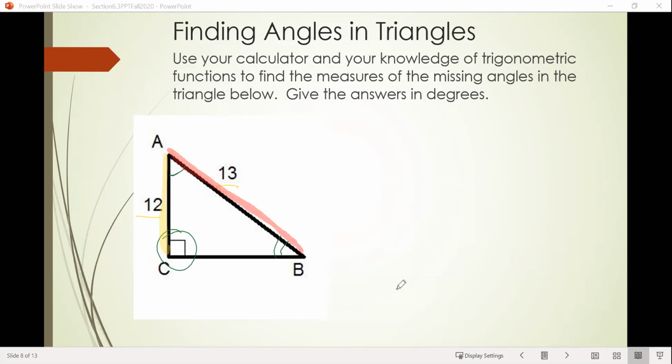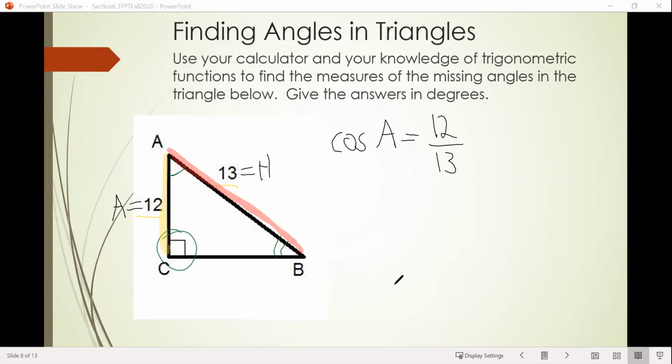Adjacent and hypotenuse deal with the ratio of cosine. So we could set up an equation: cosine of A is equal to the adjacent side, 12, over the length of the hypotenuse, 13.